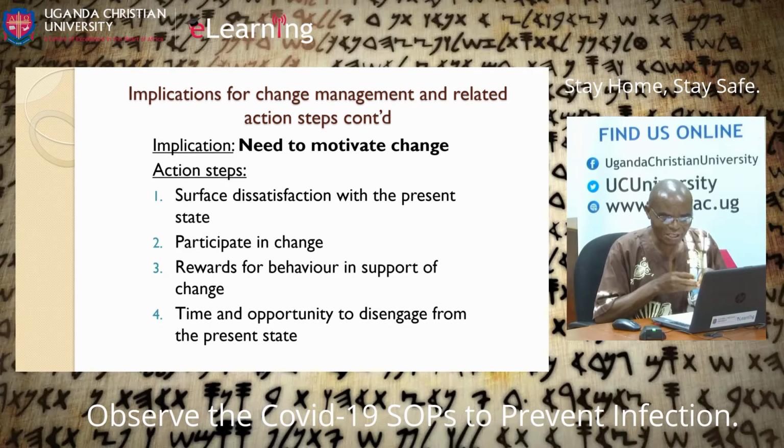Ensure that the reasons for change are discussed with the groups in truth, so that you make people dissatisfied with the situation in which they are and create a desire among them for the change that you want to introduce.